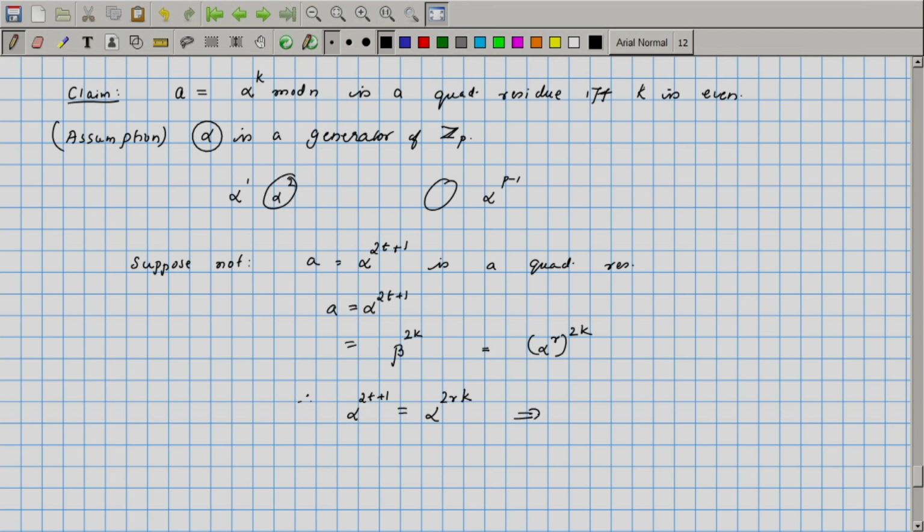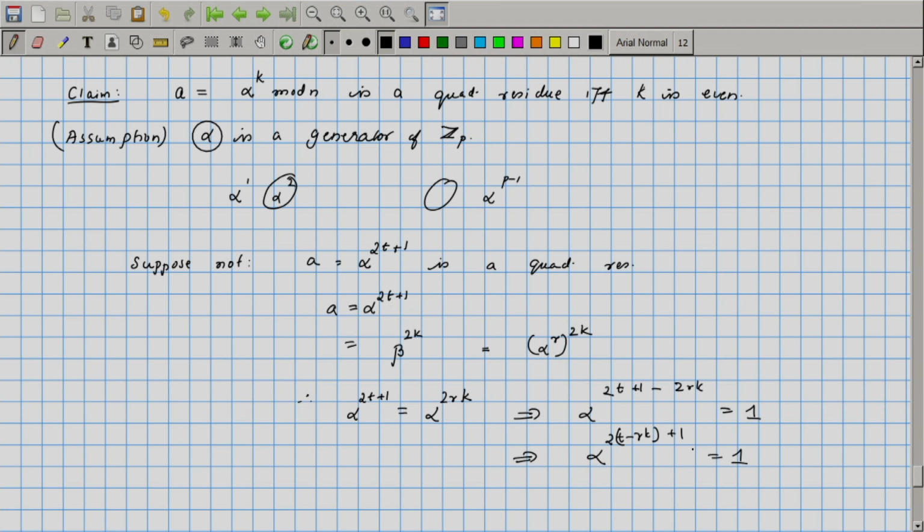Now, this implies that alpha to the 2 t plus 1 minus 2 r k is equal to identity. This would imply that alpha to the 2 times t minus r k plus 1 is equal to identity. Okay.